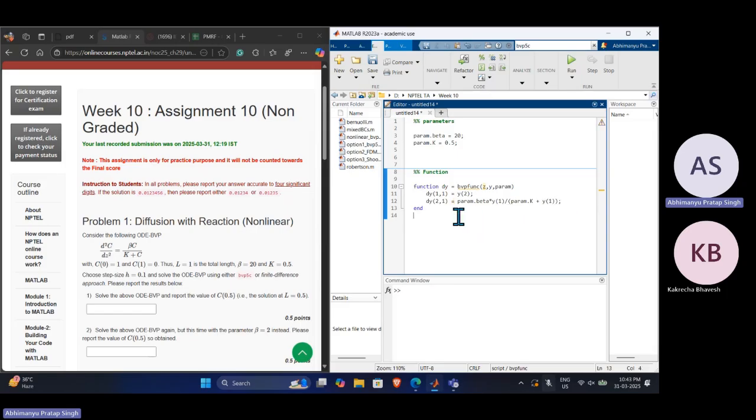This is my function. Next, I need a function for the boundary conditions, right? So I will create that. BVP boundary function, boundary conditions. Then put z and y. Yeah, we don't need the parameters inside this.